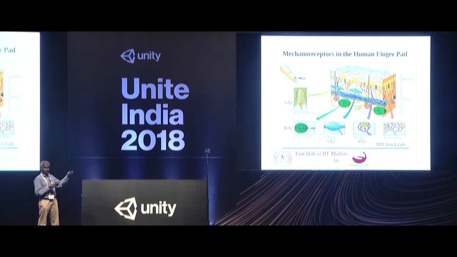The biomechanics is very important because there are many sensors in our skin which convert the deformation while we are interacting with objects into neural coding and then send it to our brain, where we perceive haptics.